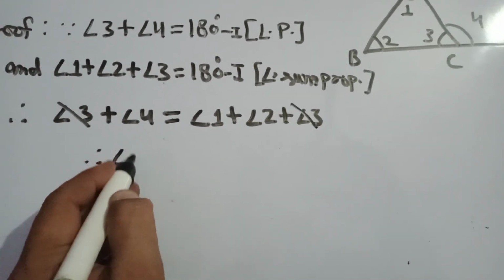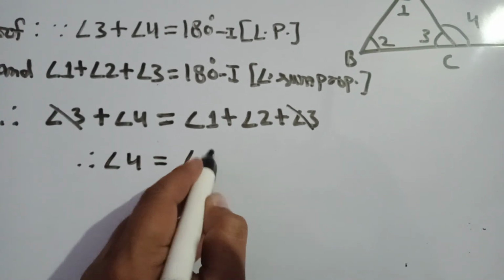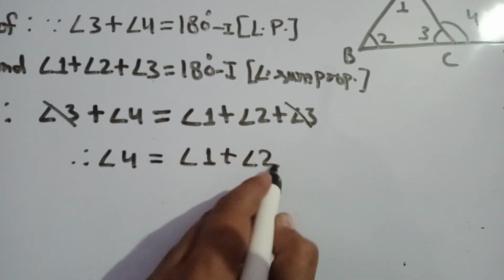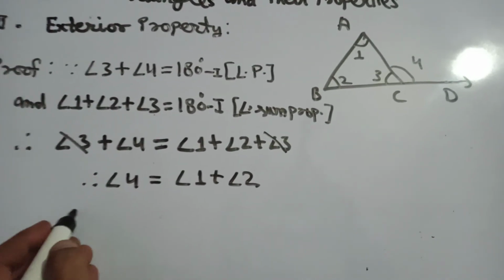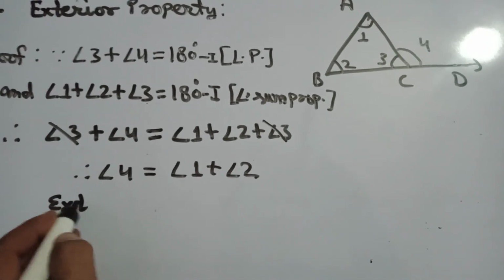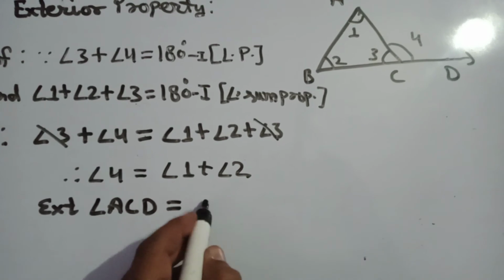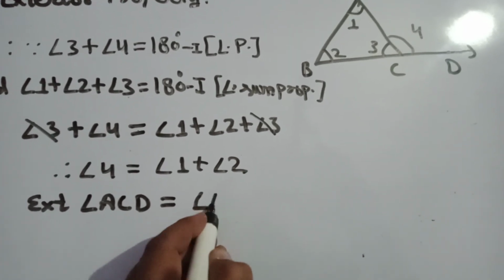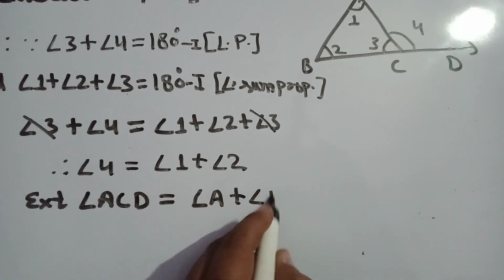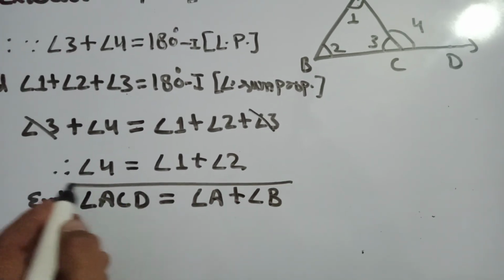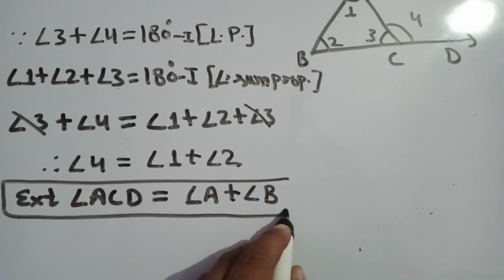Therefore angle 4 is equal to angle 1 plus angle 2. The name of angle 4 is exterior angle ACD, equal to interior angles A plus B. This is the proof of the exterior angle theorem.